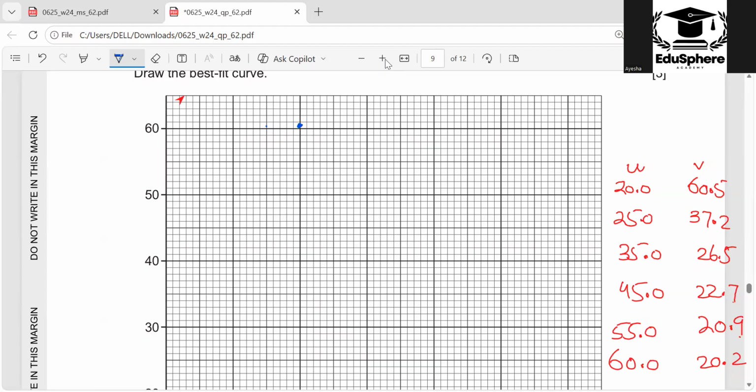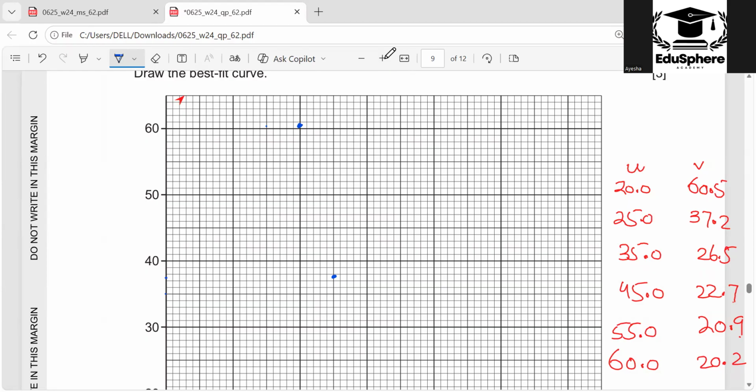At 25.0, after 20, after 5 lines, this is 25.0, and this is 37.2. So 37 means that this is 35, 36, 37, and 37.5 is this one. So I'm going to the point here, over here. So this is the point. Then at 35.0, it's 26.5.